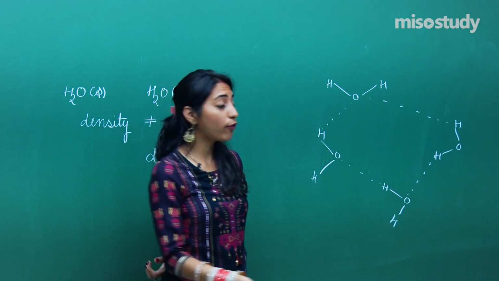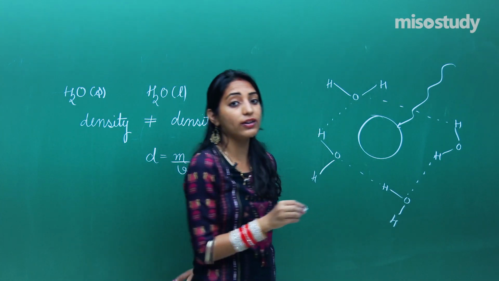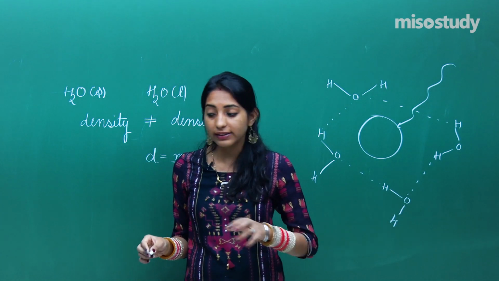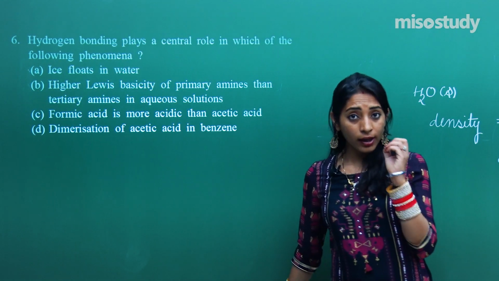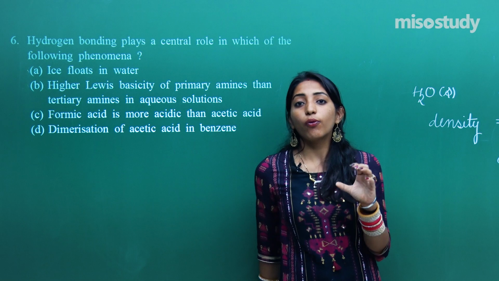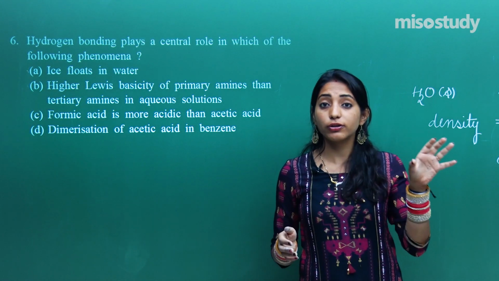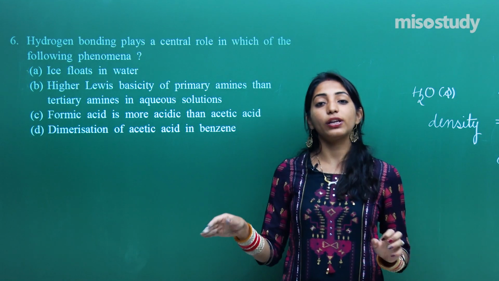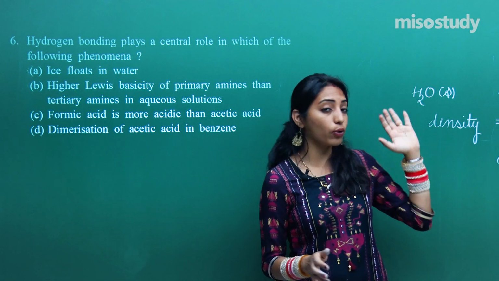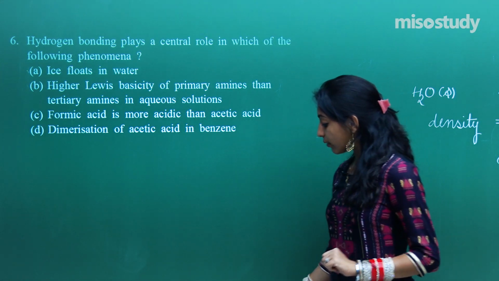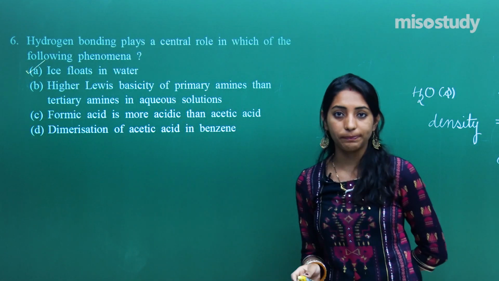But when ice is formed, another water molecule will come and get fitted here, because of which there will be a change in the crystal structure of water, and thus a change in the overall structure of ice. Because of this, a particular volume will have different numbers of molecules in the solid state and in the liquid state, because of which the density will be different and this floating happens, right? So yes, the first option is correct, that ice floats on water is the result of hydrogen bonding only.